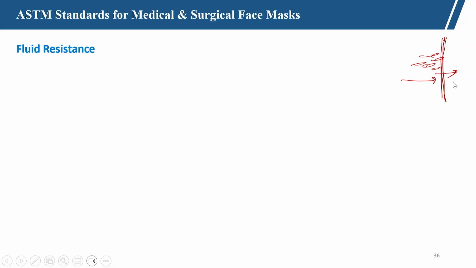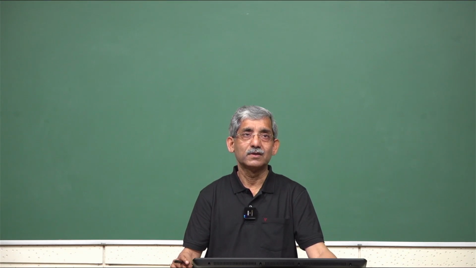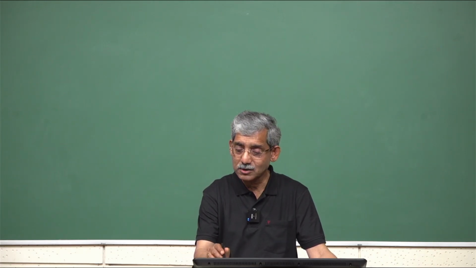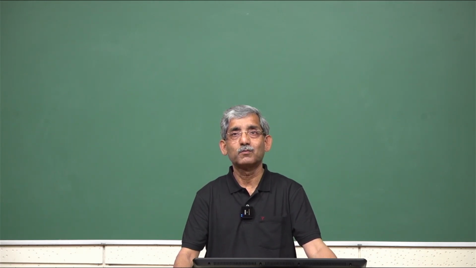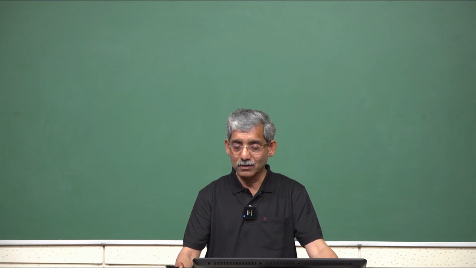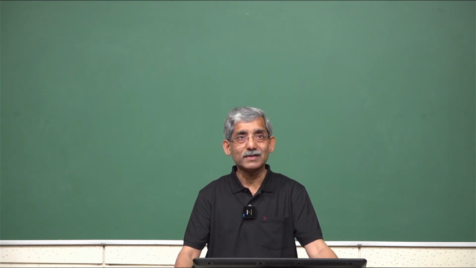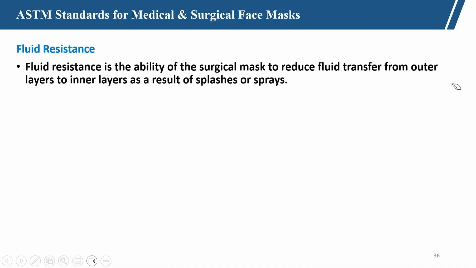In hospital and surgical cases, blood splash may take place, so people should be protected from this type of splash. Fluid resistance is the ability of a surgical mask to reduce fluid transfer from the outer layer to the inner layer as a result of splash or spray.